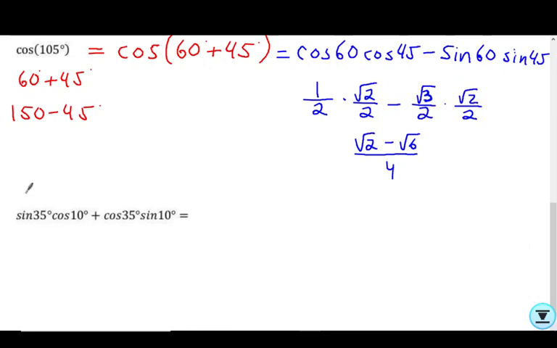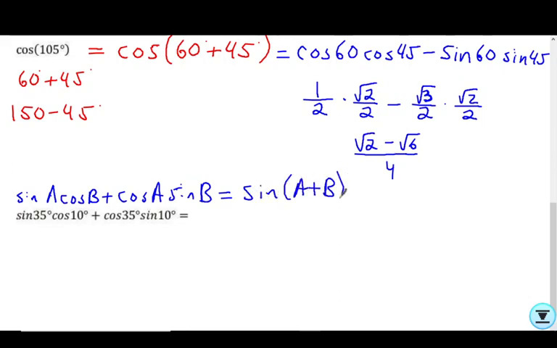This is sine A cosine B plus cosine A sine B. And my formula chart says that's equal to sine of A plus B, like that.